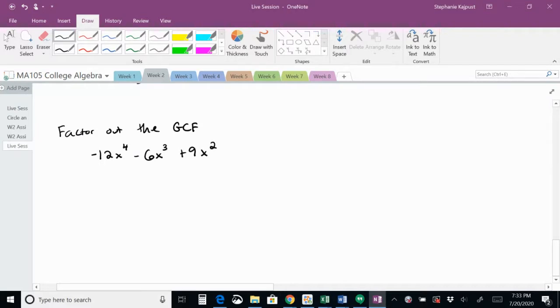Before we do any factoring of the greatest common factor, you always want to make sure it's in standard form, with the highest exponent down to the lowest, which is what we've got here. Then, whenever you have a negative in front, you always factor out the negative. Always. And there's many reasons why we do this, mainly to make things easier down the road.